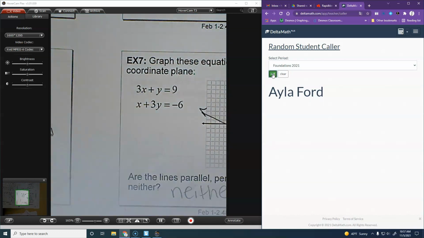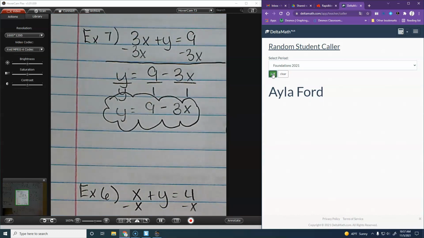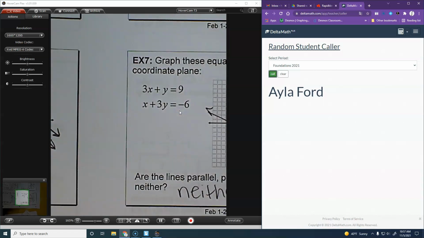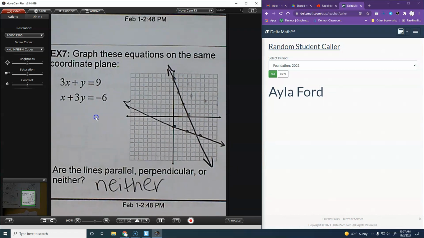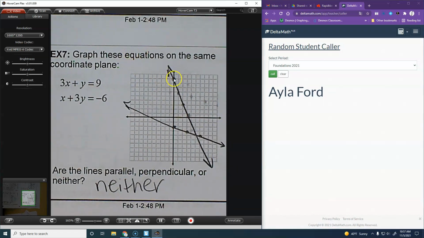All right, so let's look at this first because she did her work over here. So for 7, she had 3x plus y equals 9. She subtracted the 3x. Really, you could have just stopped there, but you're dividing by 1, so I think everything looks okay there. So that should have a y-intercept at 9 and a slope of -3.